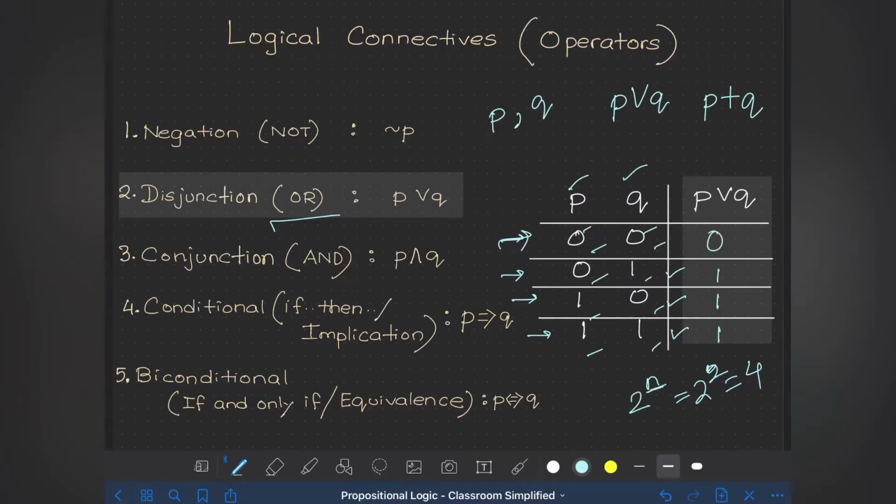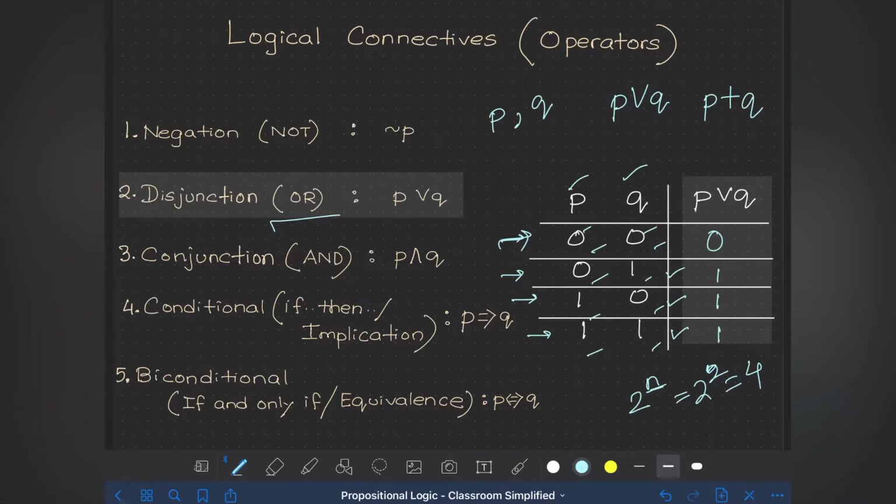Whenever we get p as 0 and q as 0, we will term the output as 0. So here is the result. So basically this was the details of this connective disjunction, which is also termed as OR operator, and we have understood about its definition, truth table, and examples, which we have seen earlier, that is take it or leave it. So here take it and leave it have been joined together with this operator OR.